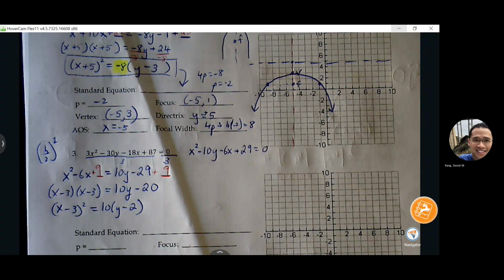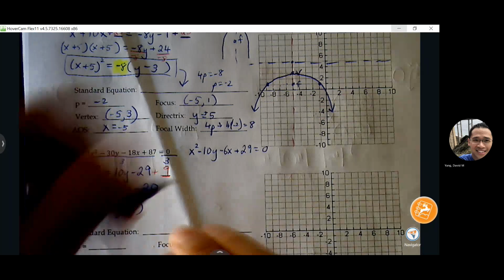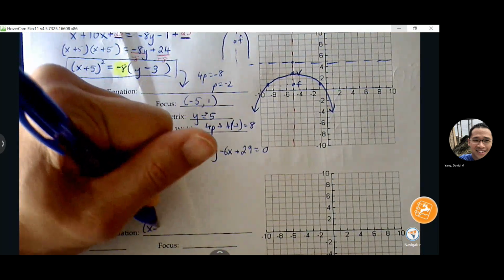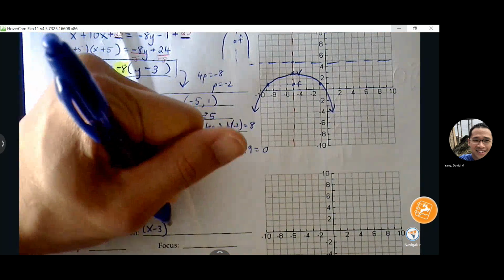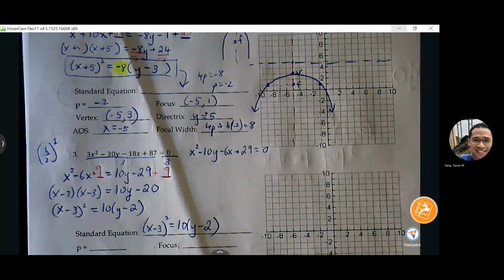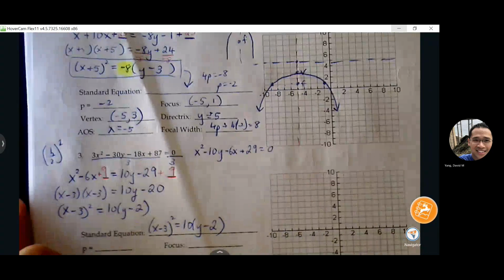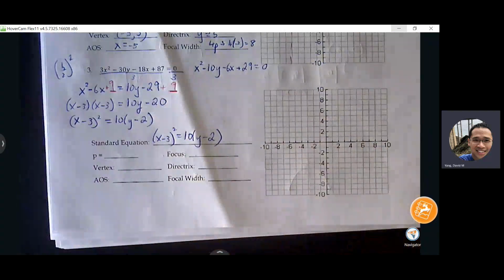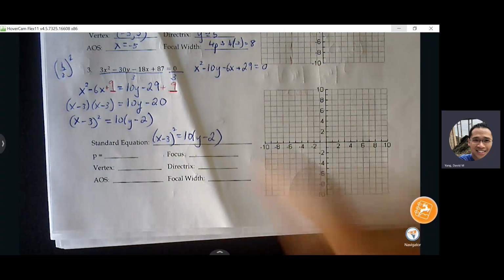You can just estimate it on your graph. So finish it off, and then I'll work alongside you as you work.